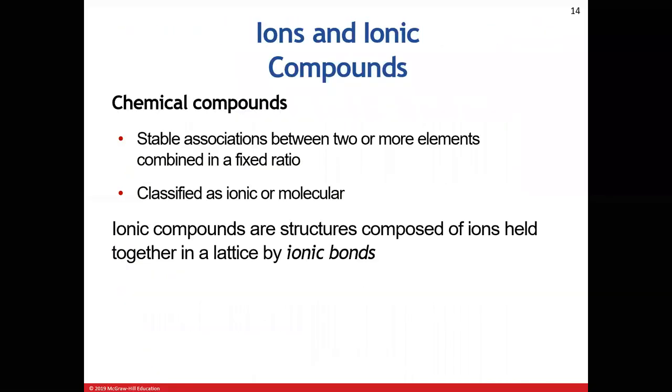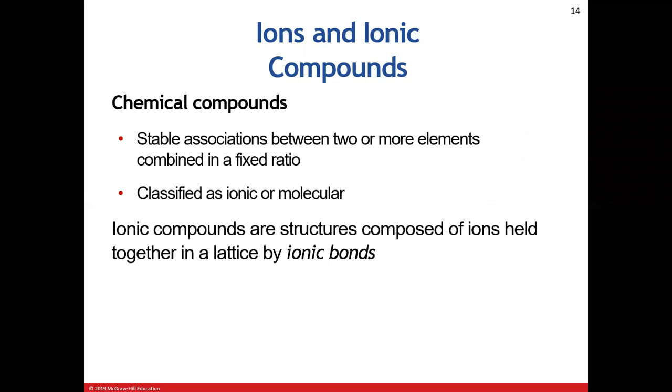So if we start looking a little bit more at how these elements start to interact with each other, we start to look at some of the chemical compounds, and we look at these ions and these ionic compounds. And this is where we start comparing bonds together. So chemical compounds have stable associations between two or more elements that are combined into a fixed ratio.